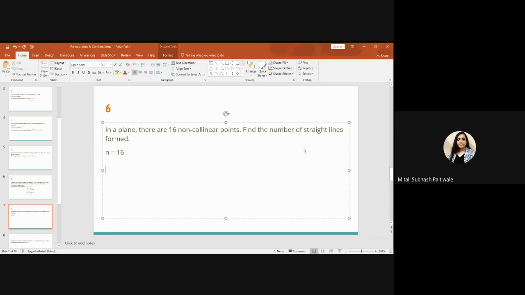Now n is equal to 16, and the required number of straight lines formed would be equal to nC2. Okay, now nC2 would be there, which is nothing but 16C2.